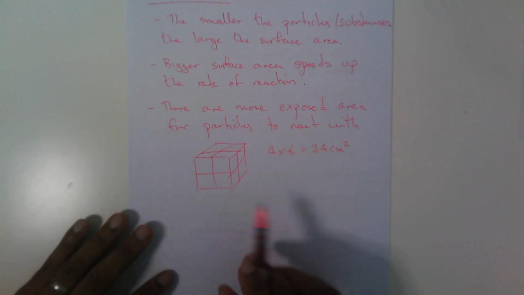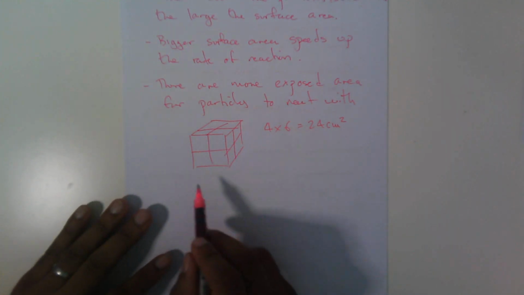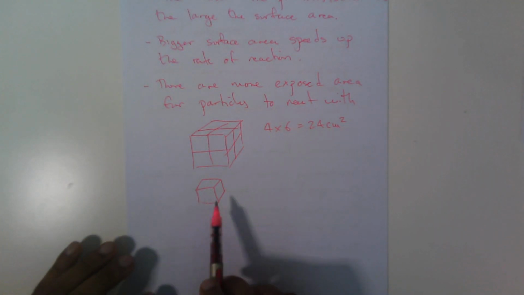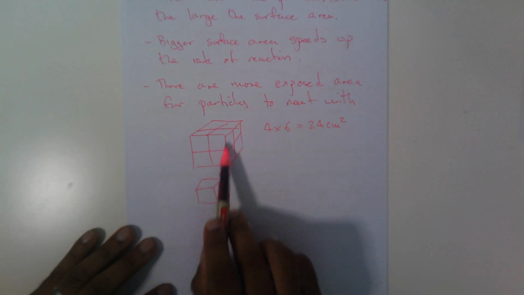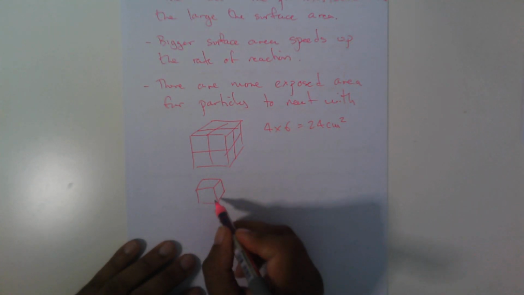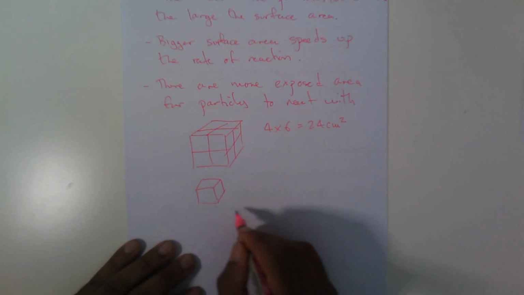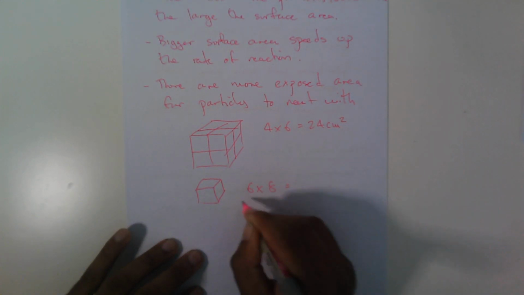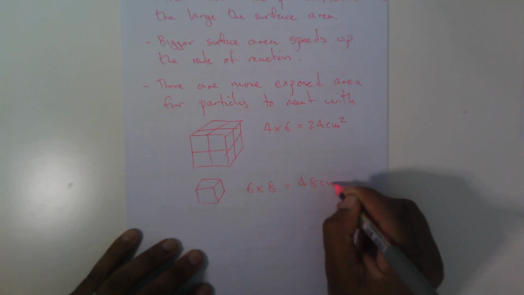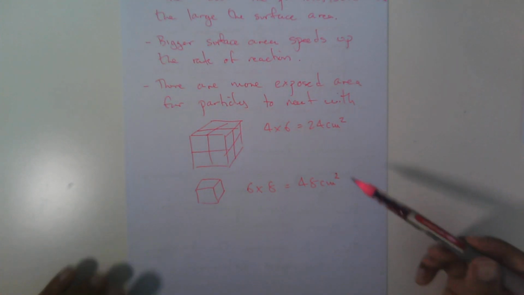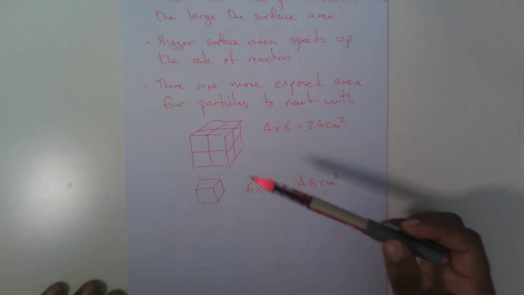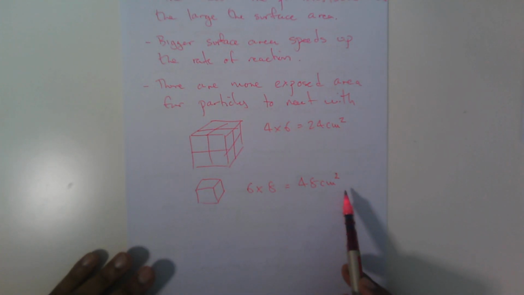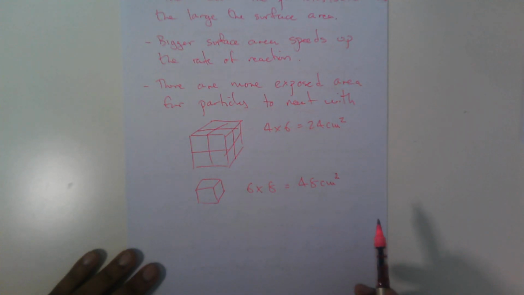Now if you then take this cube and break it up into the small units that it's made of, you'll end up with 8 cubes, each side 1 by 1 by 1, so each has 6 sides. So 6 times 8, which is 48 centimeters squared. So you can see that by making this cube smaller, you're drastically increasing the surface area of that substance.